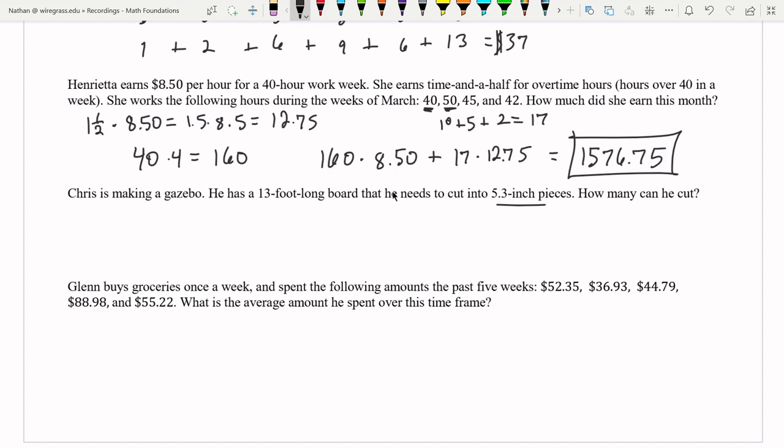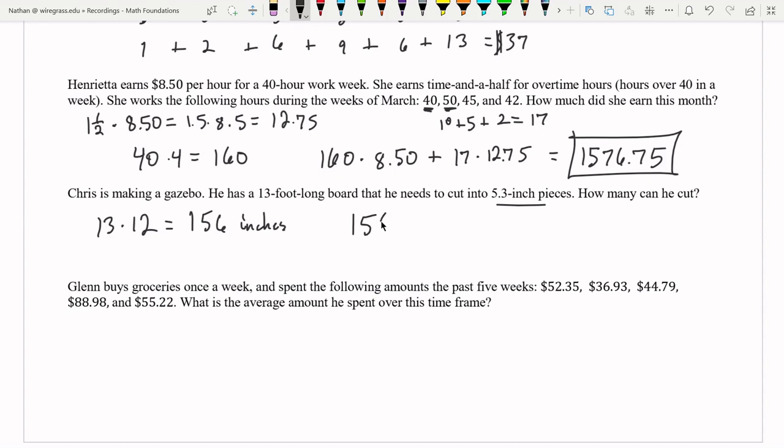Well, if every foot has 12 inches, that means if there's 13 feet, it's going to be 13 times 12 inches in that board. 13 times 12 gives us 156. This is how many inches he has in the board. And now we're asking how many 5.3-inch pieces can be cut from the 156-inch board.